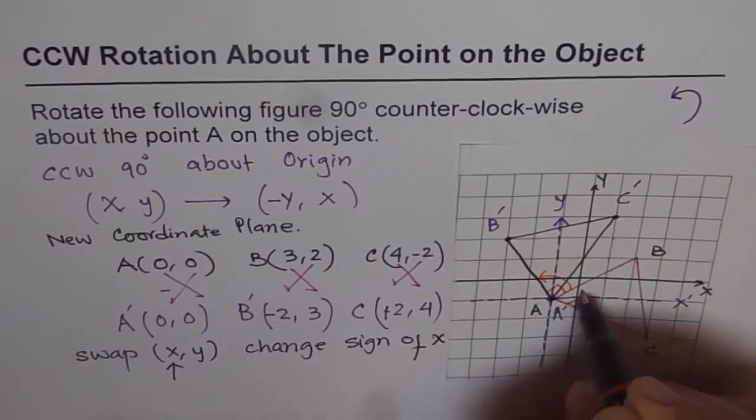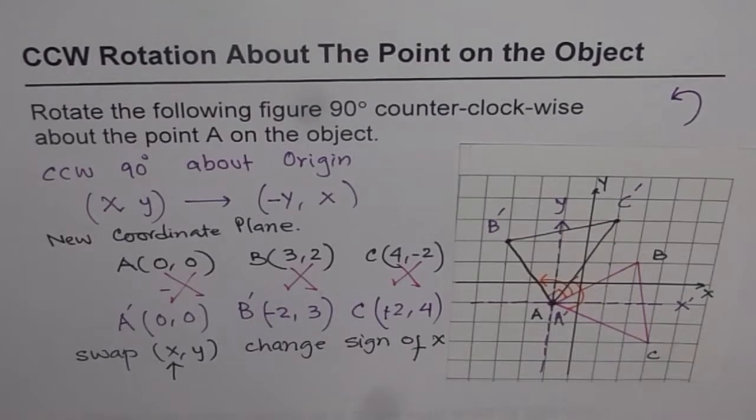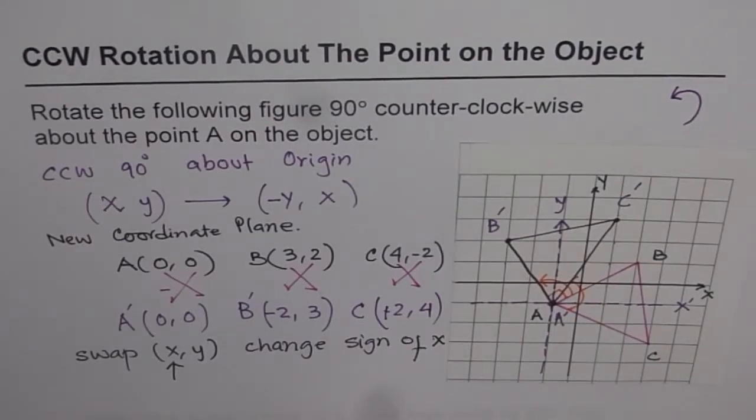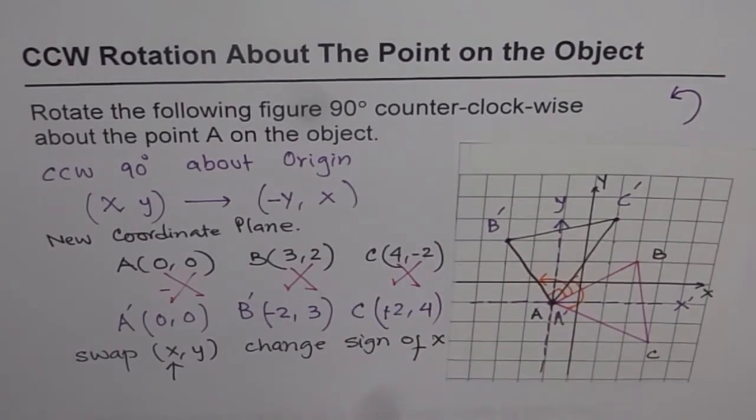So this is how you move counterclockwise at 90 degrees. So we got our final image. The object A dash B dash C dash is the result of 90 degrees counterclockwise rotation about the point A, right? I hope you appreciate how we did it with a point on the object and not at the origin. I hope that helps. Thank you.